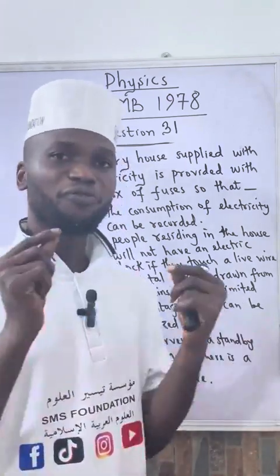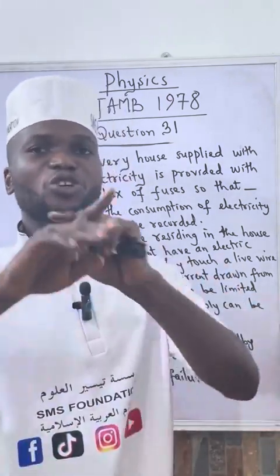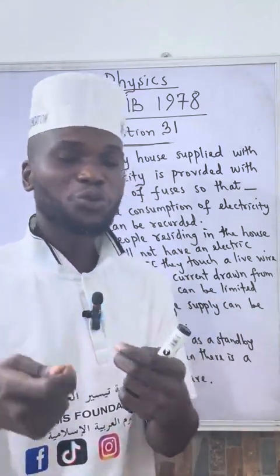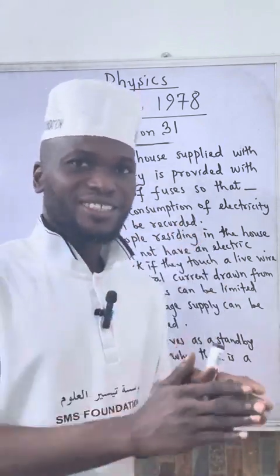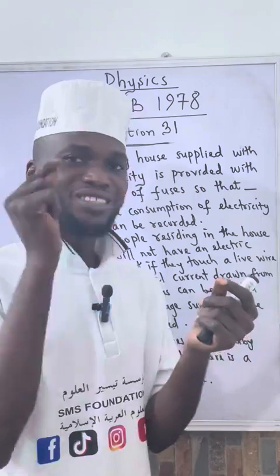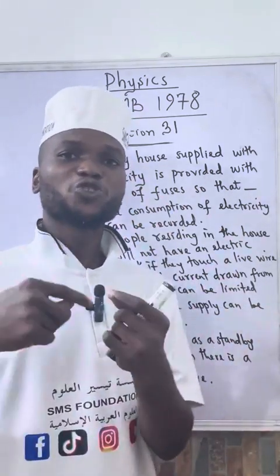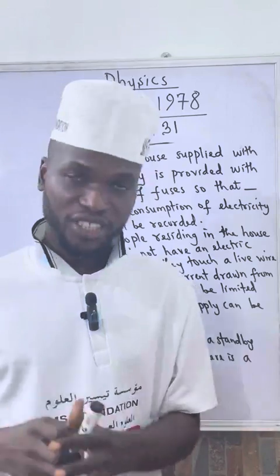With the help of the fuse, by the time the fuse melts, the circuit will break. That is, no current will flow. So we need to get another fuse to perform the same function. But at least the damage of the fuse is better than for us to burn our expensive devices that we are using at home.